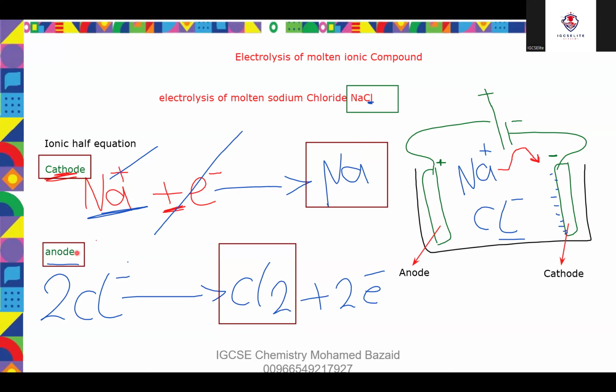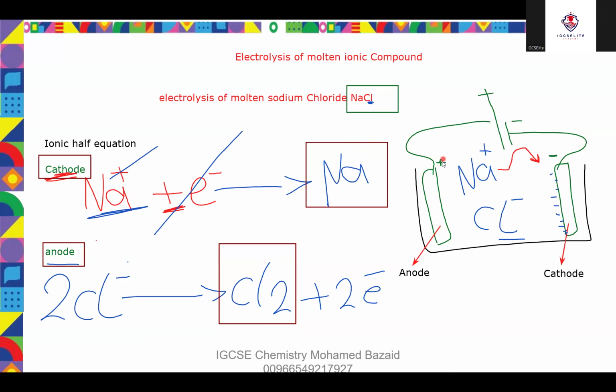So again, cathode is a negative, anode is a positive. Cathode will attract the positive ion. Na+ will gain one electron to form sodium.